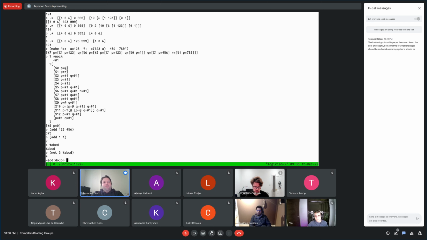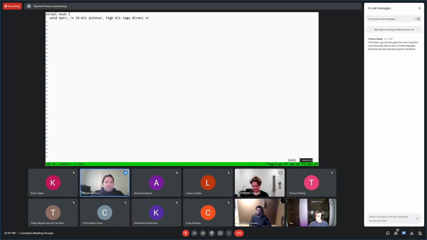So rather than having 1 tag bit for optimizations like a direct atom, you get a lot of tag bits for free, or at least you get them for free until advanced CPU generations that don't exist yet start using more high bits of a pointer, in which case your virtual memory would be limited to 128 terabytes, or however much you can address in 48 bits. I think it's 128 terabytes. It looks like that.